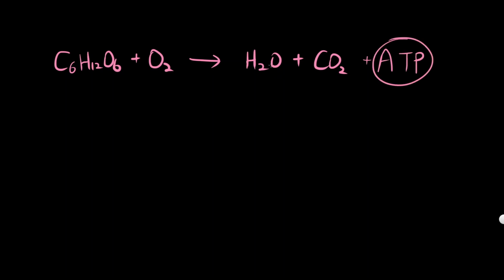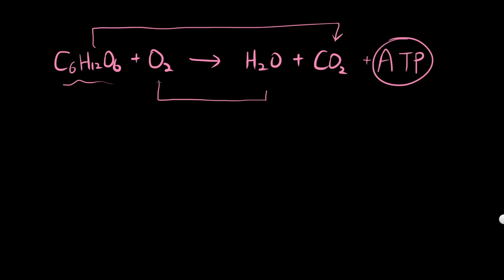So that's the whole point, making energy from glucose. And then that glucose will turn into carbon dioxide, which we breathe out, and oxygen picks up those electrons from glucose and will turn itself into water. So if you want to balance it, except the glucose here, you have to put sixes here. And you're going to make a lot of ATP.